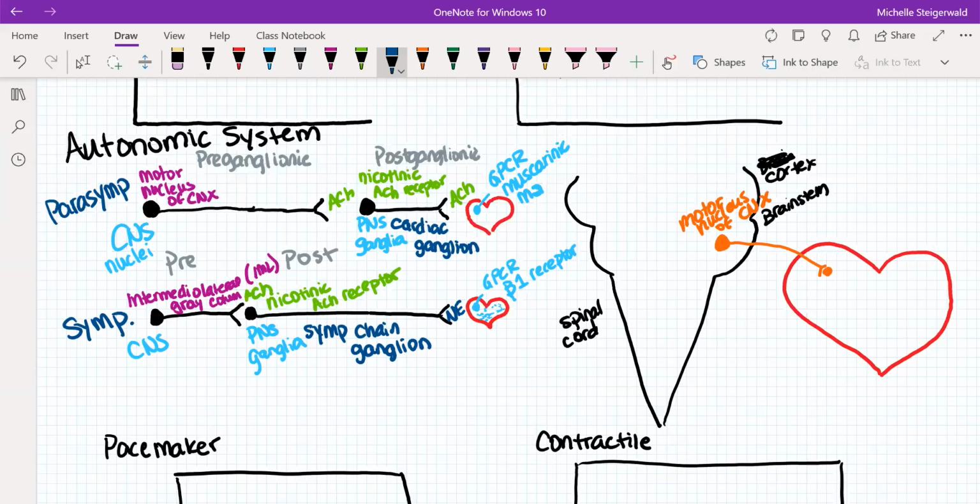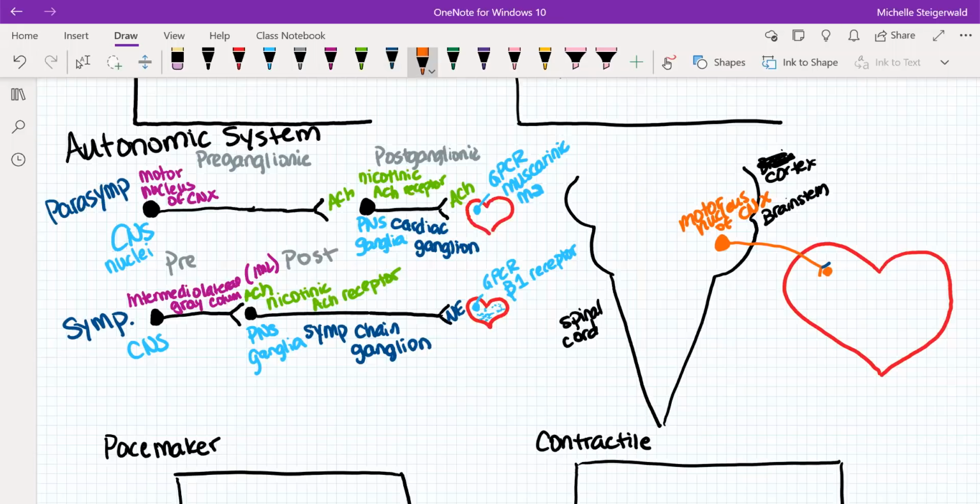If we're talking about cell bodies that are in a nucleus, it has to be the preganglionic. If it's a ganglion, then it has to be postganglionic. So even if you can't remember the difference between IML and the motor nucleus of cranial nerve 10, if we're just asking you what it's releasing, since they both release acetylcholine from the preganglionic, as long as you recognize it's preganglionic, you're good.